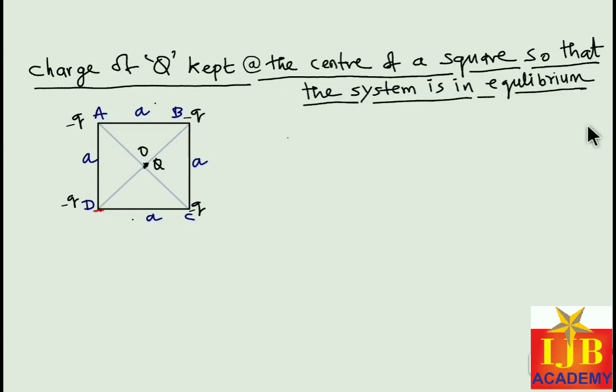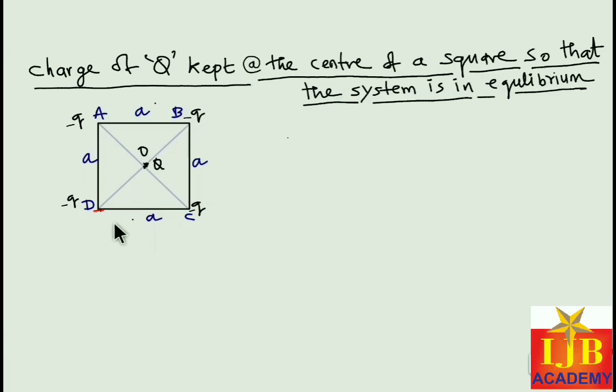Students, this question was asked in many competitive exams. It's one of the important questions. Before finding the value of this capital Q, we need to do one thing: first of all, you have to find the net force acting at any one corner.